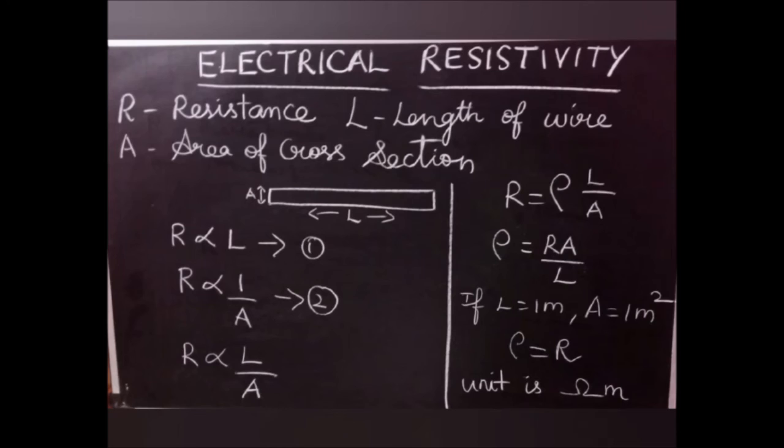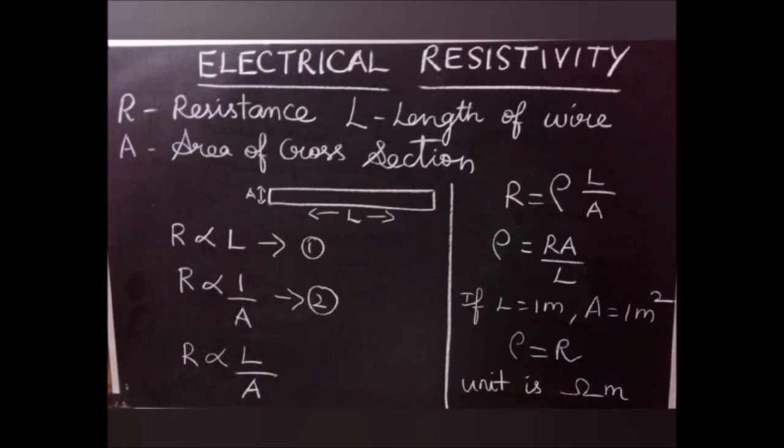What is electrical resistivity? It is nothing but the measure of resisting power of a material. What do you mean by resisting power? Resisting power is to oppose the flow of charges. Resistance means it just stops the passage of electrons through the circuit.